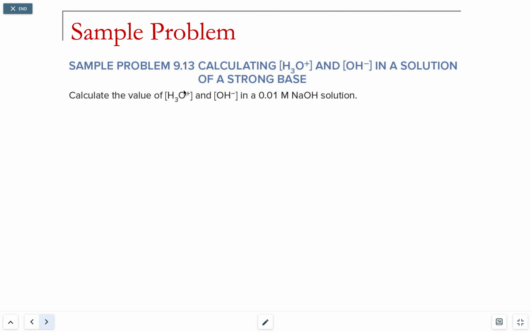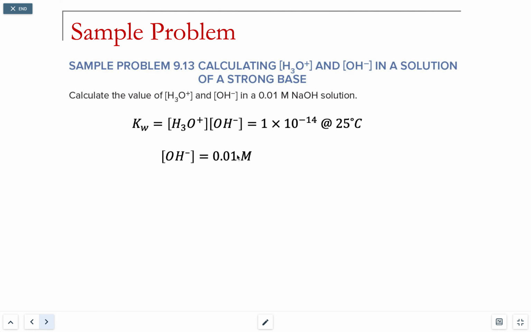Okay, so here we're asked to calculate the value of both hydronium and hydroxide in a 0.01 molar sodium hydroxide solution. So if you were paying attention to the previous slide, you know automatically that the hydroxide ion concentration is 0.01 molar. So we know this. We also have this equation.